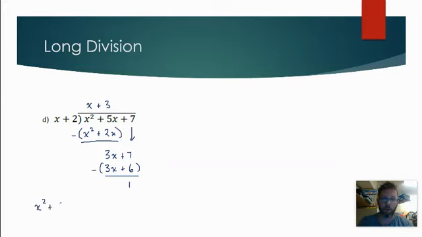X squared plus 5x plus 7 is equal to x plus 2 times x plus 3, but not quite. We have this remainder of 1. And you can verify that if you wanted to by expanding and simplifying. And we will check some of these later. But again, guys, this is long division by polynomials. It's the skill we want to develop today and also make some new connections. So let's continue.